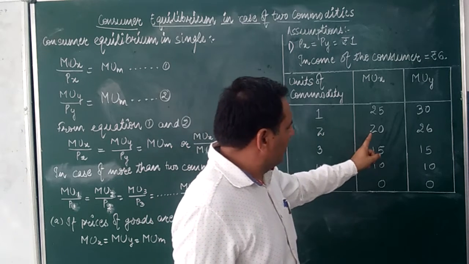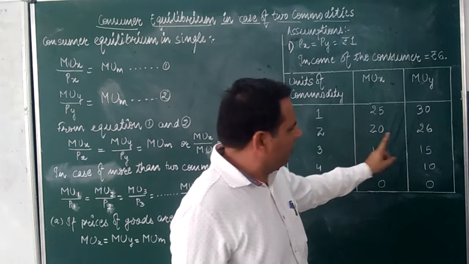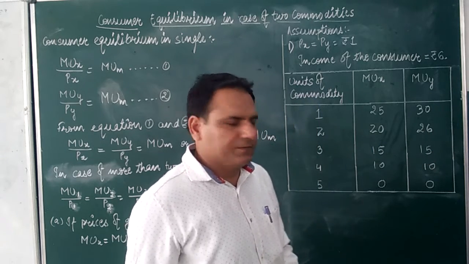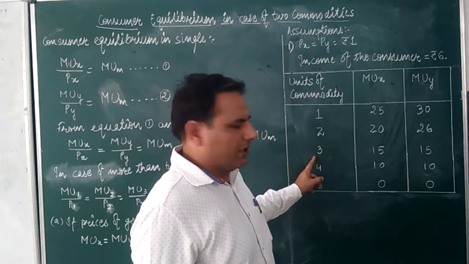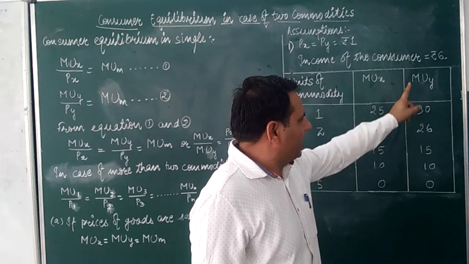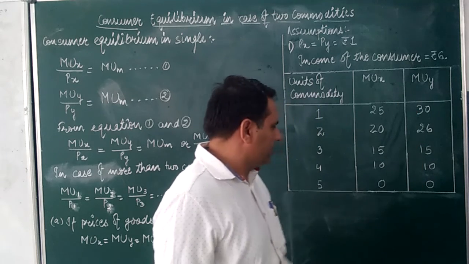From second unit, as far as commodity x is concerned, the consumer is getting 20 units, and from y consumer is getting 26 units. From third unit, the consumer is getting 15 units, and from commodity y it is also getting 15 units.